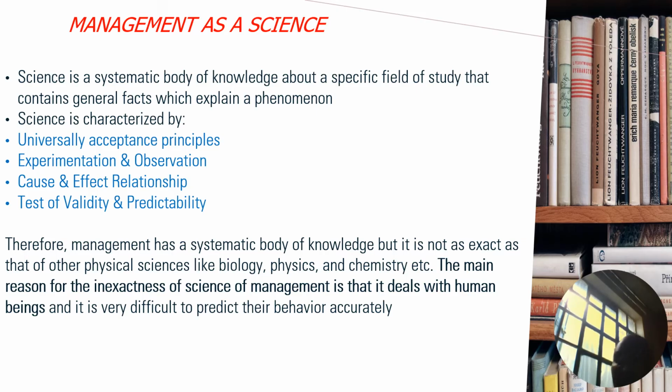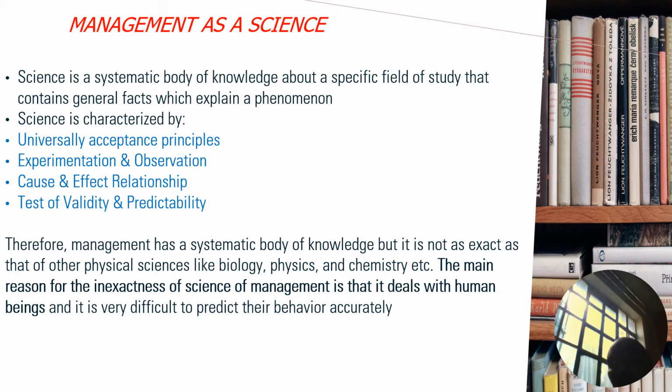What do we mean by that? Each time you carry out a test and repeat it again and again, it will give the same result. That is the test of validity and predictability. Each time you carry out a test, you are able to get the same answer.